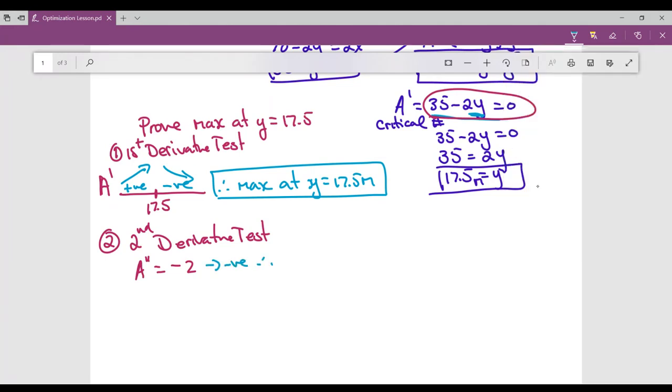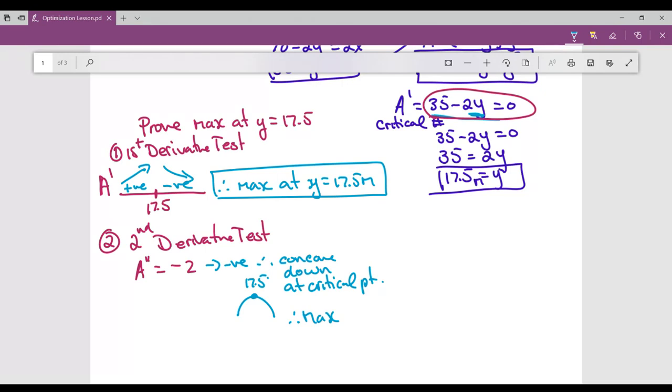Negative, therefore concave down at the critical point. So the graph will look like that. That would be the max. Doesn't matter which method you use, it's totally up to you. That's about as easy as they will get.